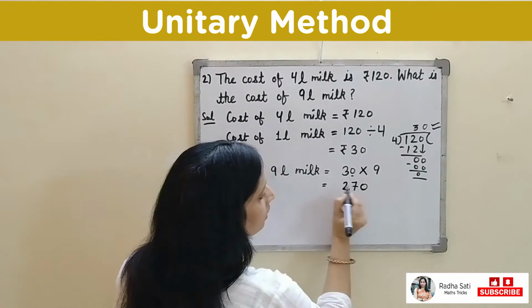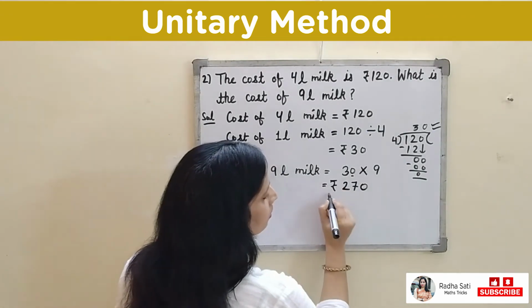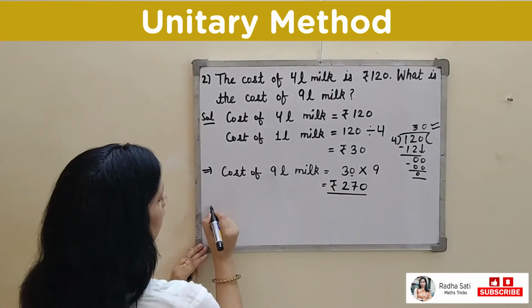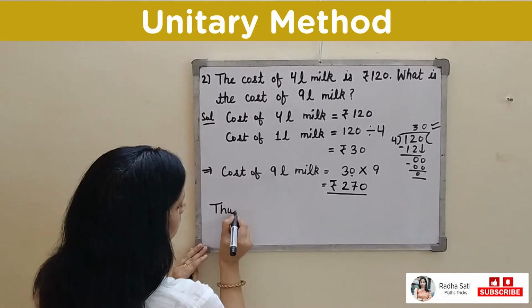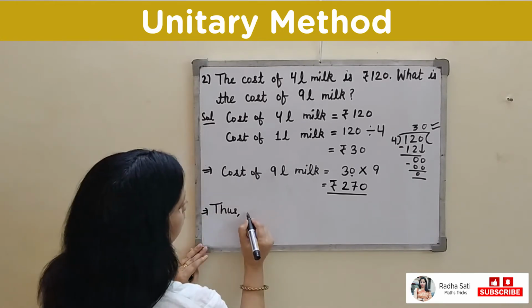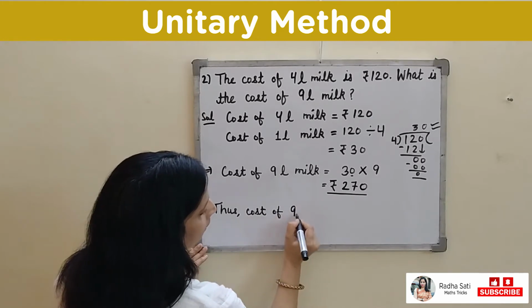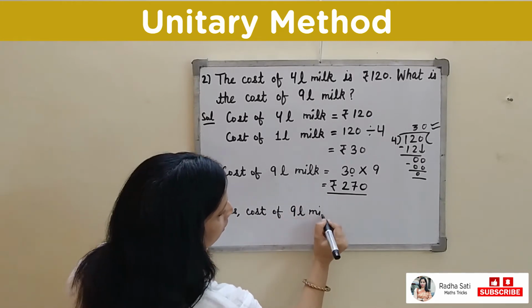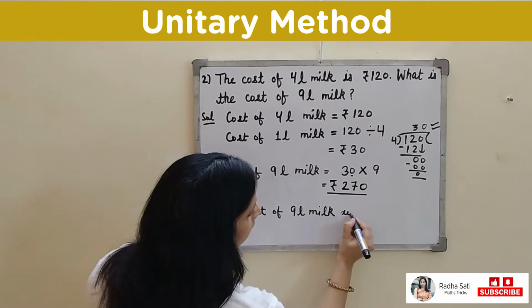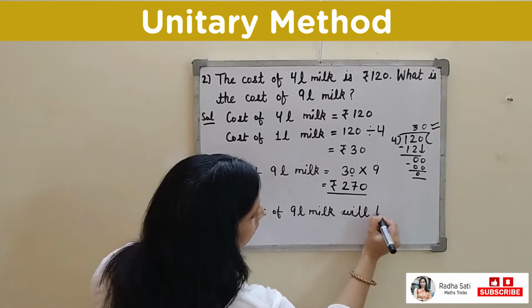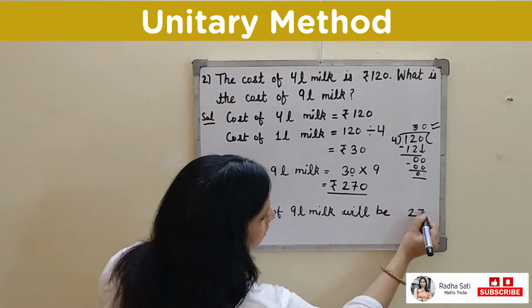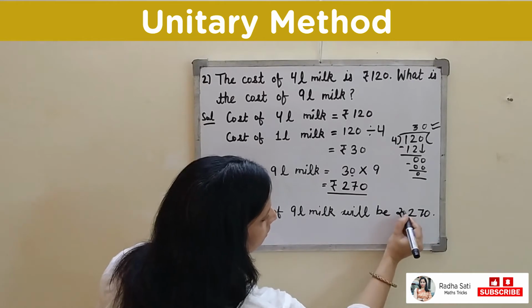This means 270 rupees. Thus, cost of 9-liter milk will be 270 rupees.